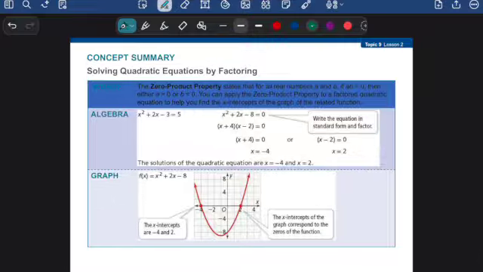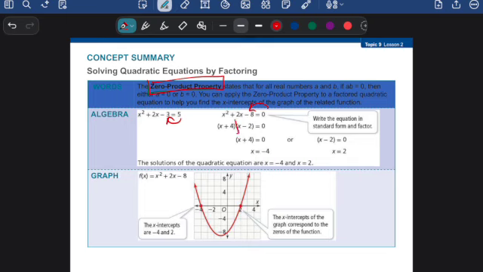Made it to the concept summary for solving quadratic equations by factoring. You're going to want to know the zero product property very well. This is very useful. Remember, though, you have to have it set equal to 0. So sometimes you'll need to move the constant to the other side first as a first step, like you did here. Move the constant over first. Then you factor.